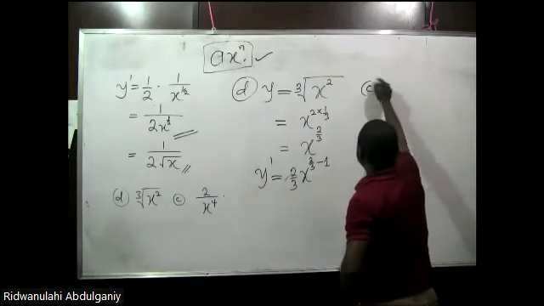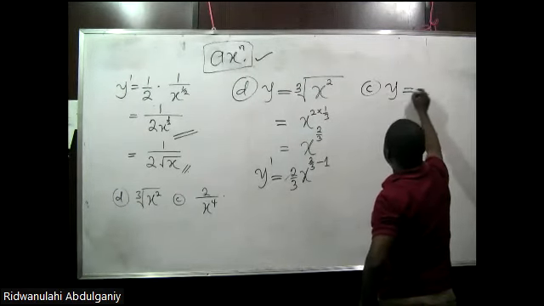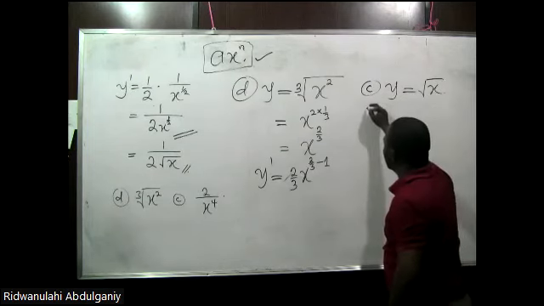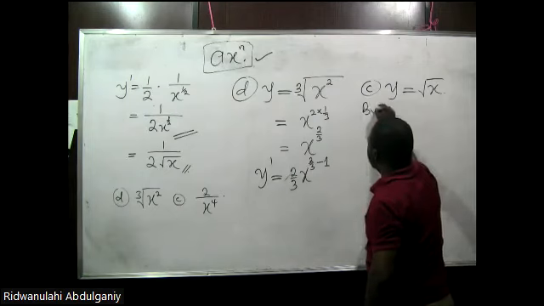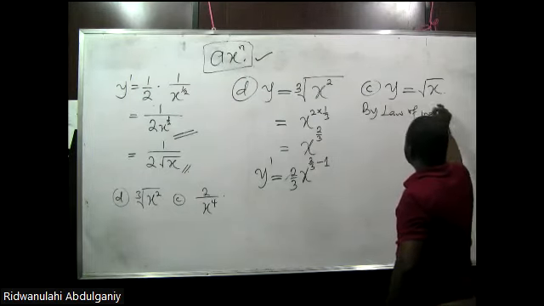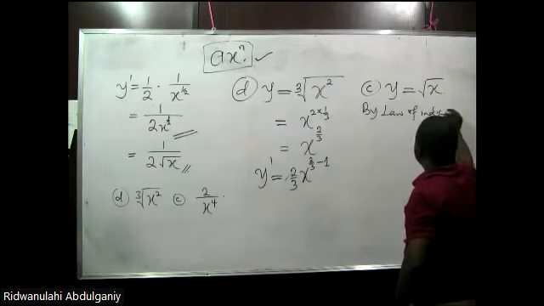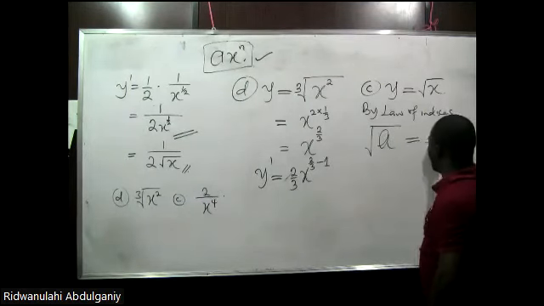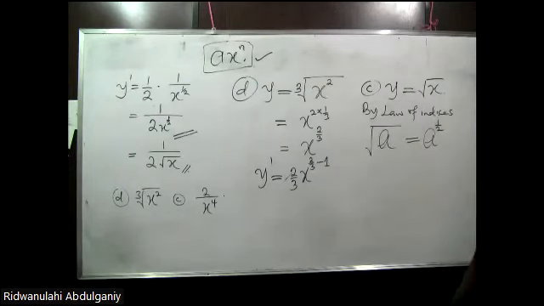In C, you have y equals square root of x. So what I'm going to do is say that by law of indices, the law says that if I have square root of a, I should change it to a raised to power 1 over 2. Joy, are we together?